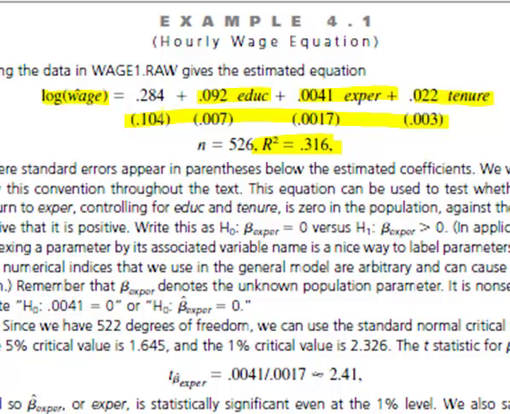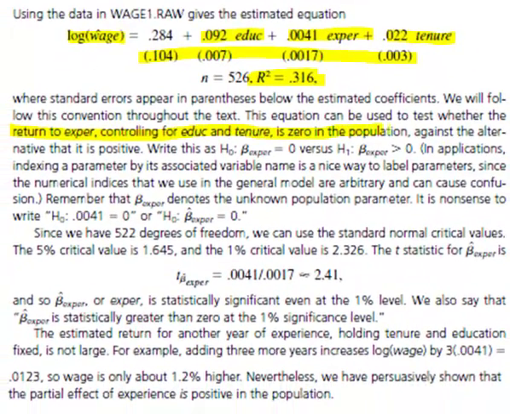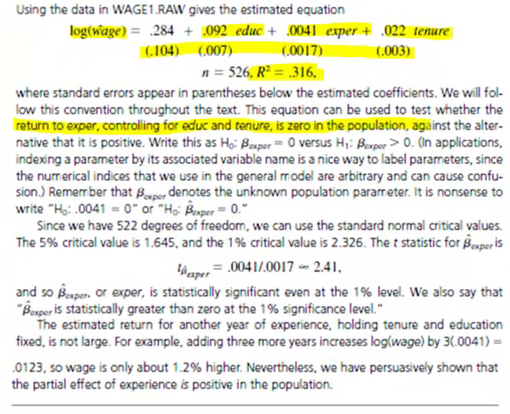And basically, if you take the coefficient and divide it by its standard error, it gives you the t-value, the t-test that you see. And you want to see what is the impact of return on experience controlling for education and tenure as constant.